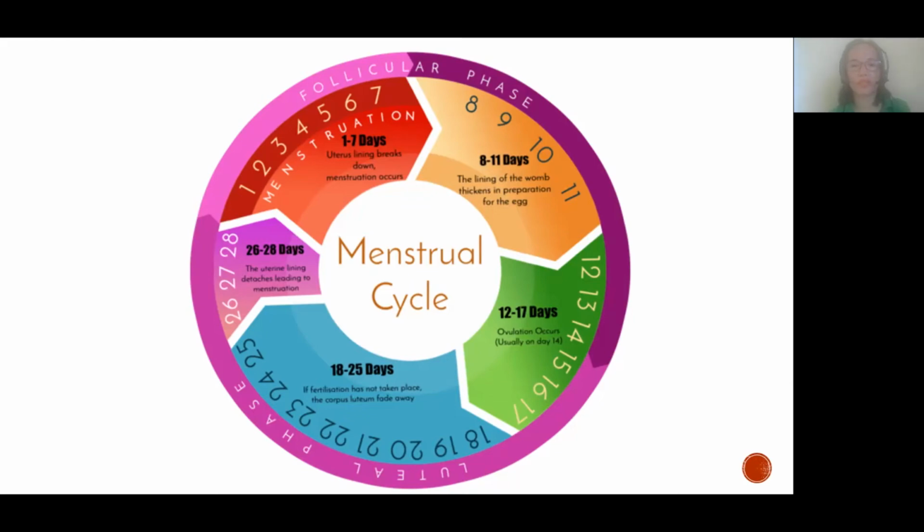You may use this. So in the bleeding days, of course, fertilization is not possible. Here on days 8 to 11, these are safe days because no fertilization is going to happen. Why? Because there's no egg cell yet.